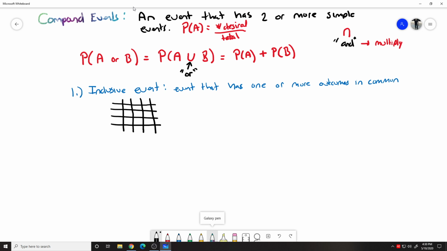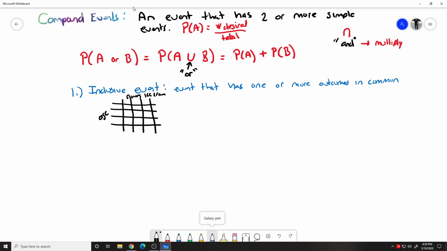Maybe we've got different ages along the side here, and up here we've got flavors of ice cream. So I've got chocolate, vanilla, strawberry, and so on across the top, and I've broken people into age groups, 0 to 10, 10 to 20, so on and so forth.